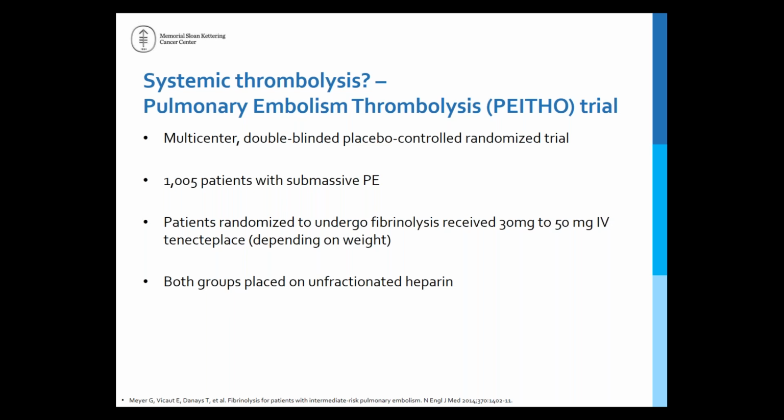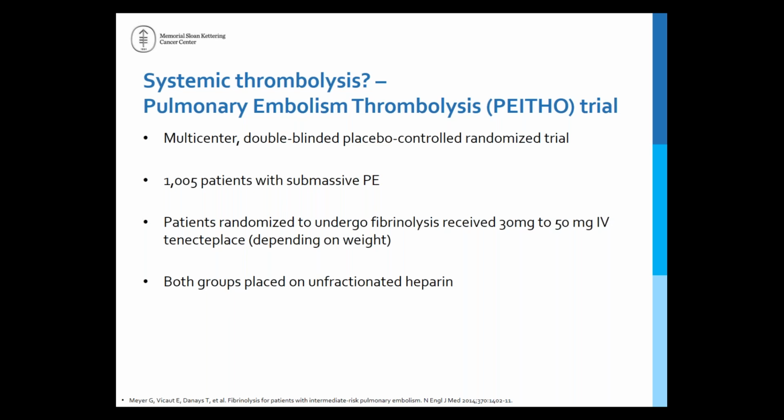This trial was a multi-center, double-blinded, placebo-controlled, randomized trial. It had over 1,000 patients. All of these patients had submassive PE. And the patients were randomized to undergo fibrinolysis or thrombolysis, and they received 30 to 50 milligrams IV of tenecteplase.